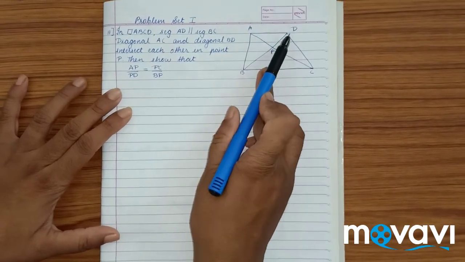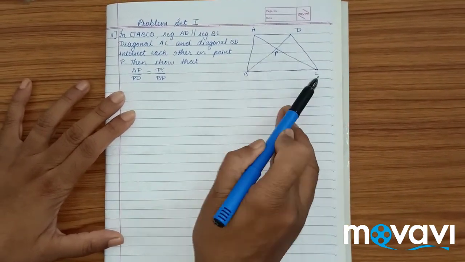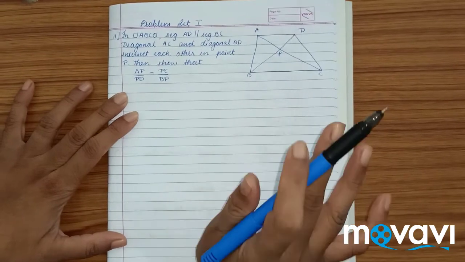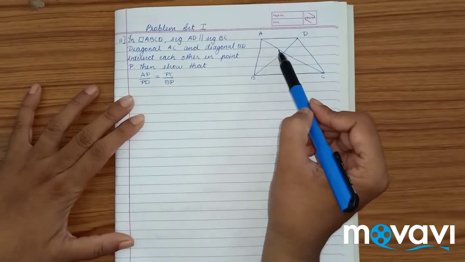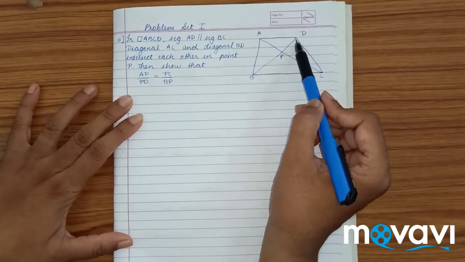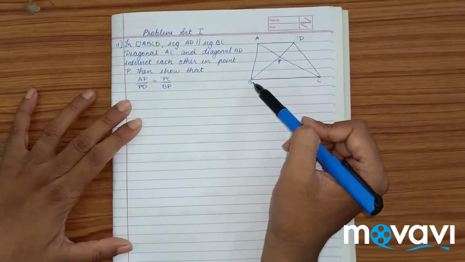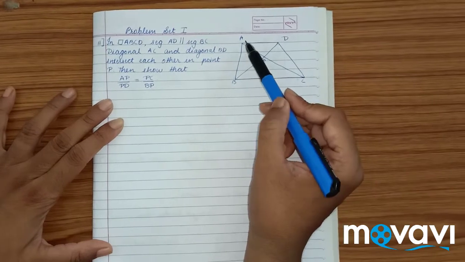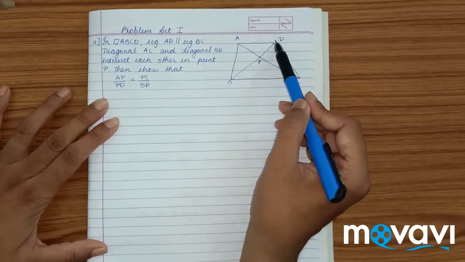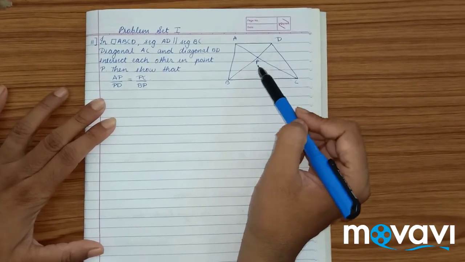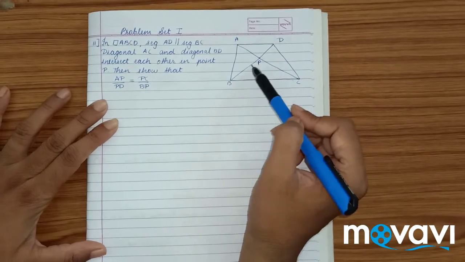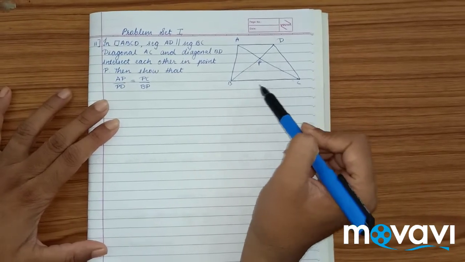See what you are supposed to show and which triangles you are going to consider. We are supposed to show AP upon PD is equal to PC upon BP. So which triangles do we consider? Triangle ADP or APD, whatever it is, and triangle CPB or CBP.